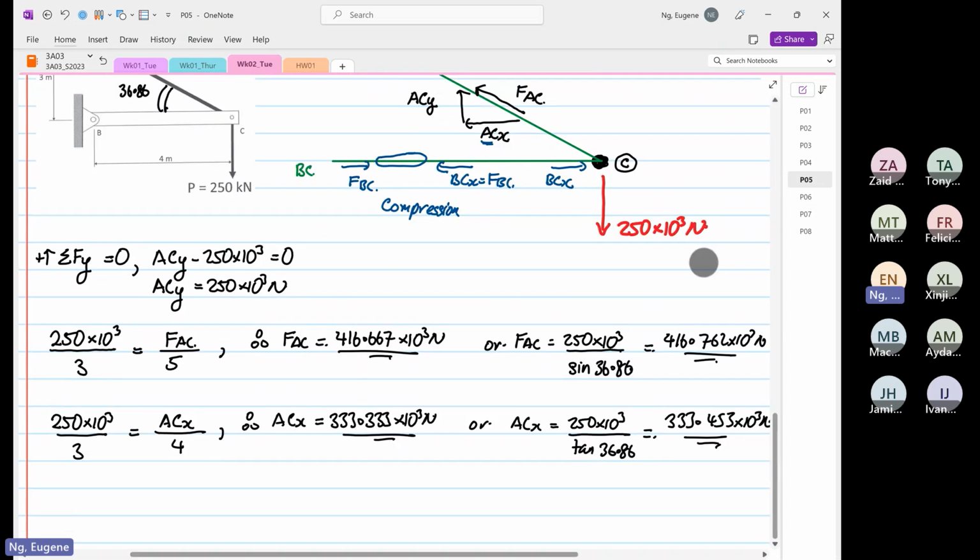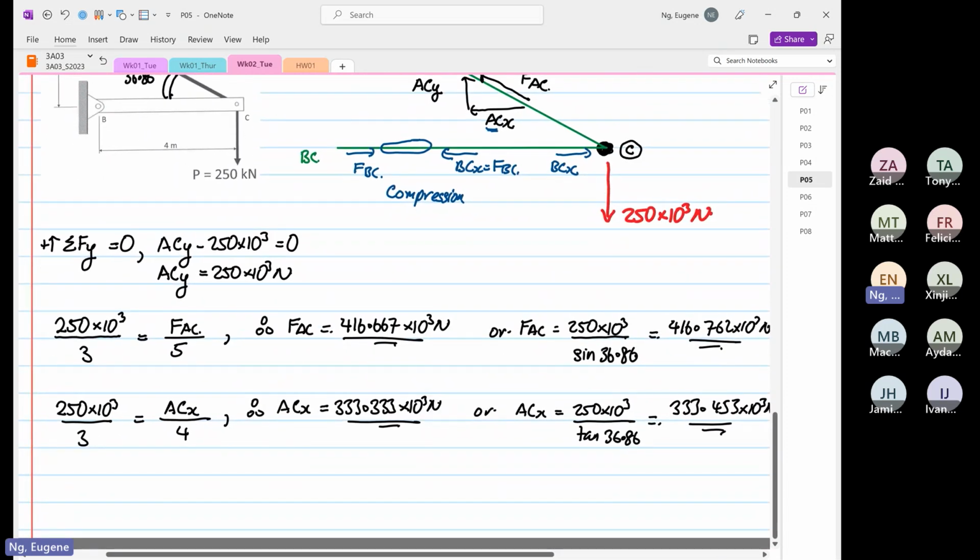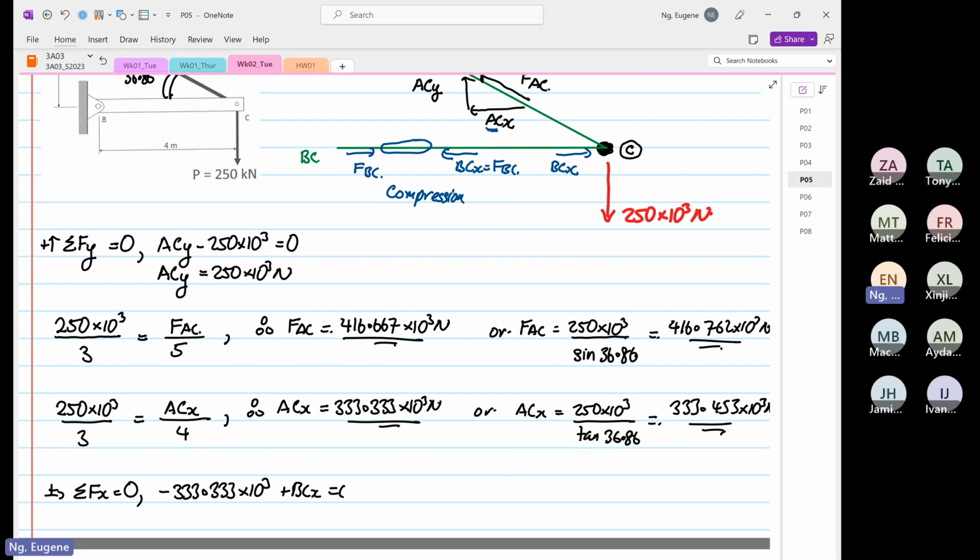So from here, we can do summation of forces in the x direction is equal to 0. So we have ACX, which is going towards the left, minus 333.333 times 10 to the power 3 plus BCX is equal to 0.